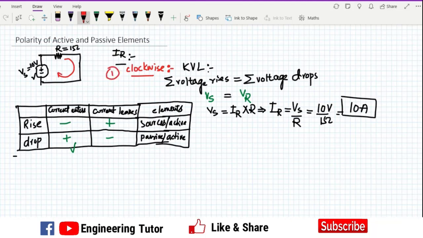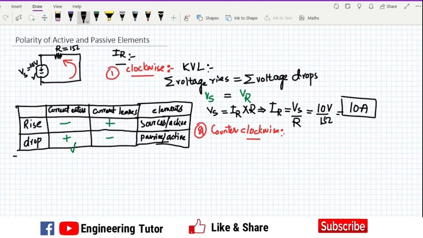This is scenario number 1. Scenario number 2 is the counterclockwise direction. Okay, wrong direction. This is the counterclockwise direction.